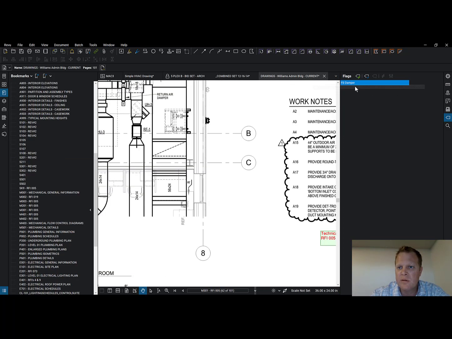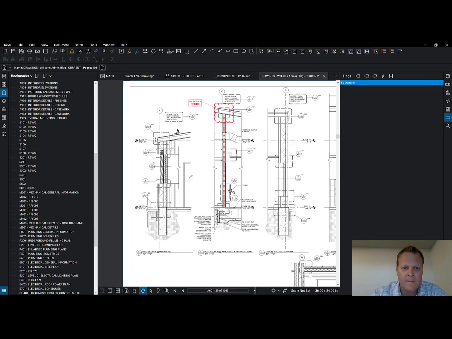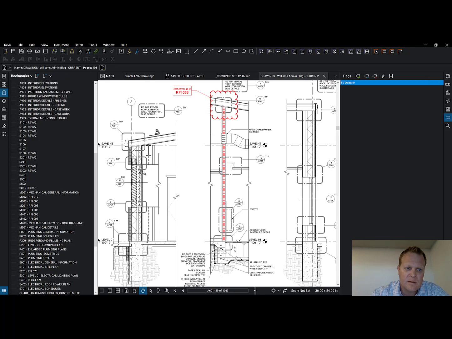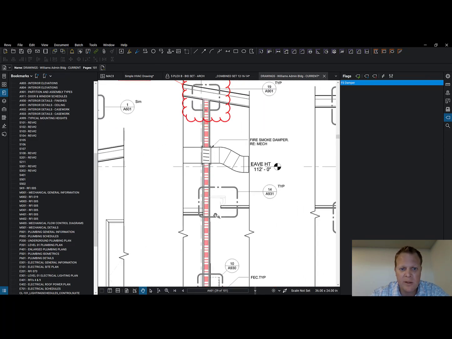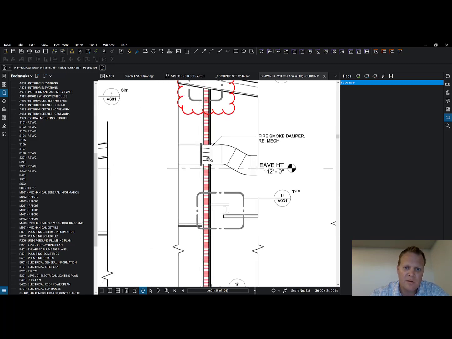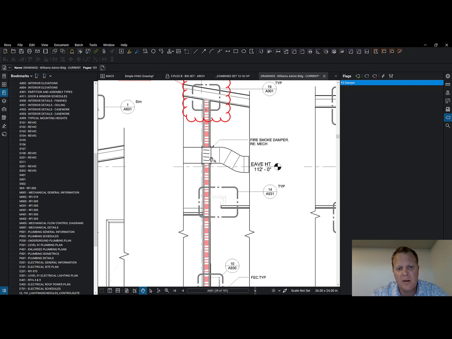But I did want to talk about, I had a good one, wasn't this one? There's another one. Okay. Check this out. So we've got a fire rated assembly here, and we've got a fire smoke damper. That's something else to try and coordinate.